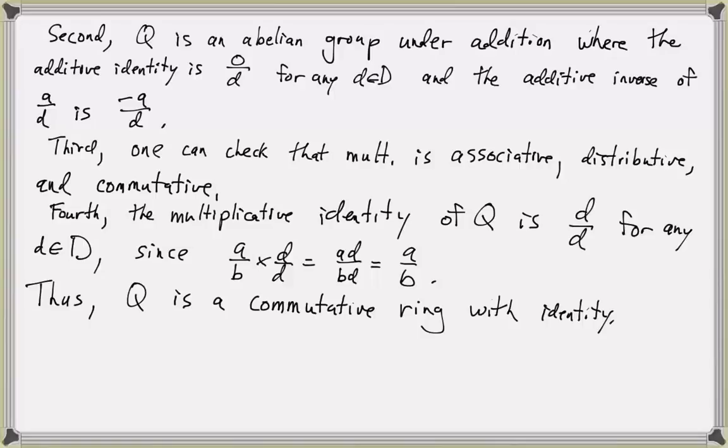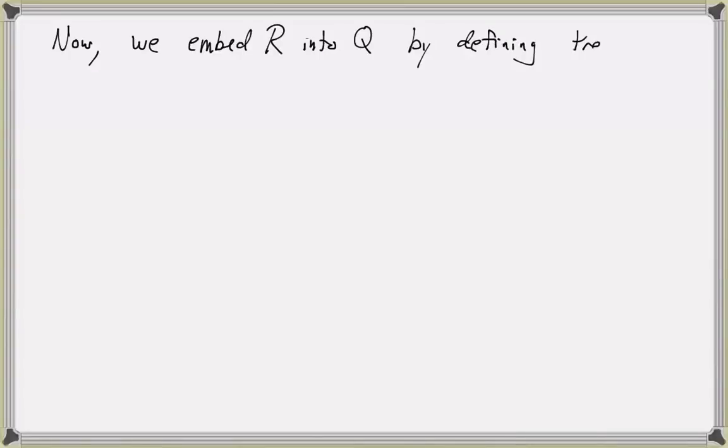So now we'll show that Q contains R as a subring. So now we embed R into Q by defining the following map.